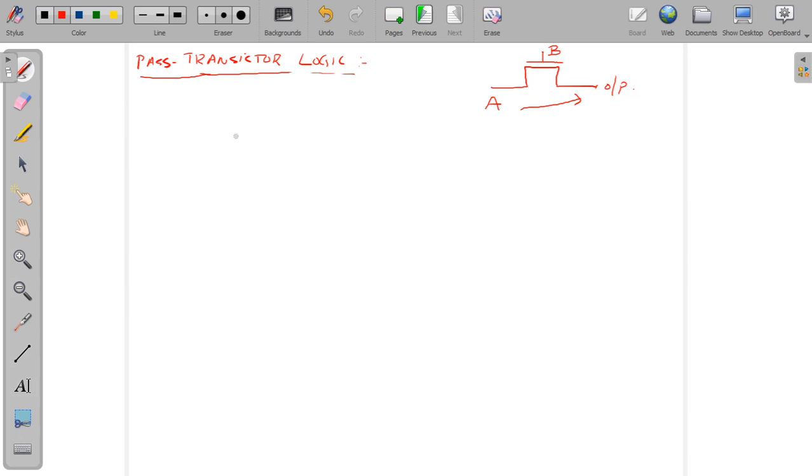Look here, this is one NMOS, and this is the second NMOS, and we are connecting these two outputs.